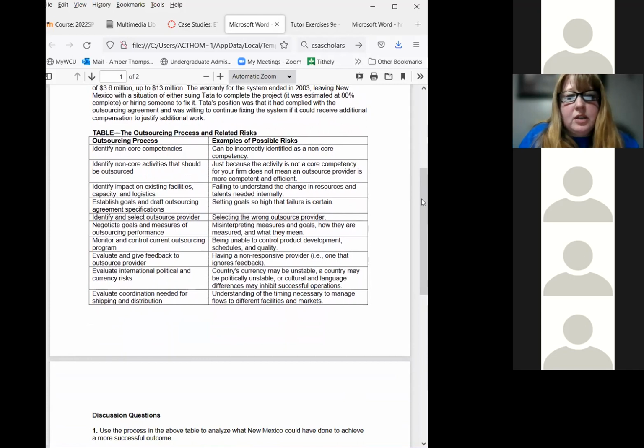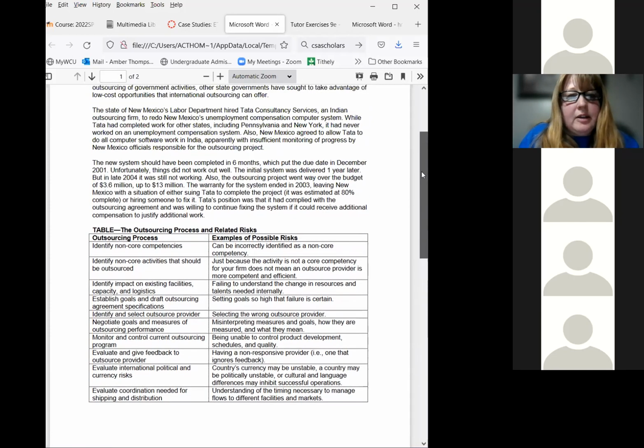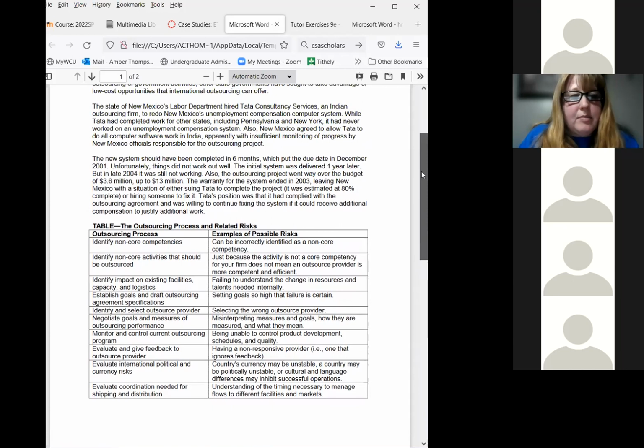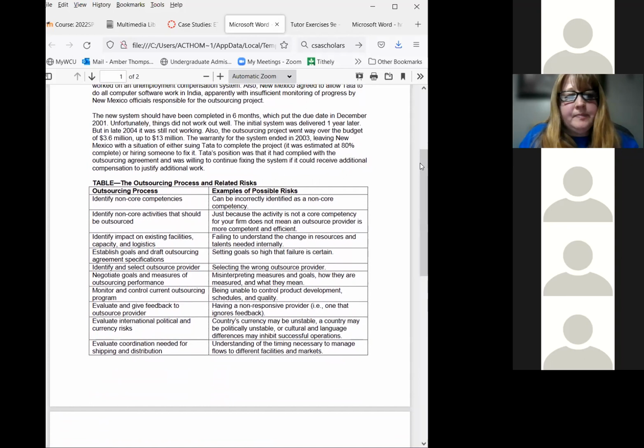So this consultant company found a computer company, or like a data entry type company in India, to do their project, and it was not working out. So what are some differences between the United States and India? Let's start there.